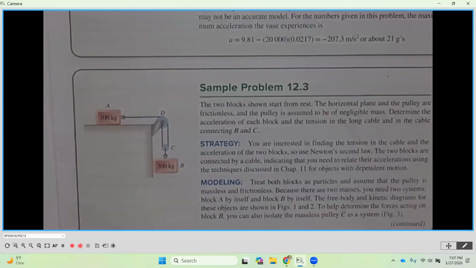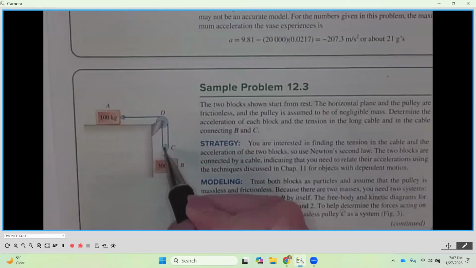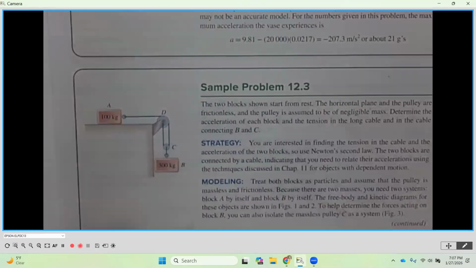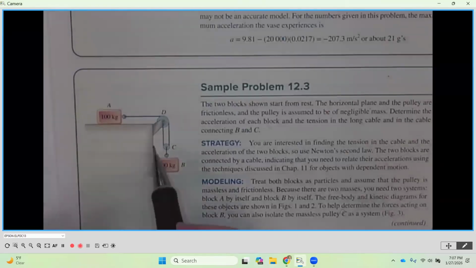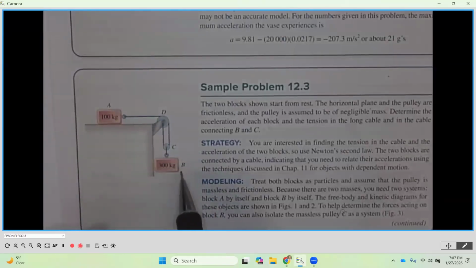Now, if we look at this pulley right here, if I cut this off, notice that there are 2 supports, so my mechanical advantage is 2-to-1. Force-wise, I'd only have to have half the amount of force here to lift over here.